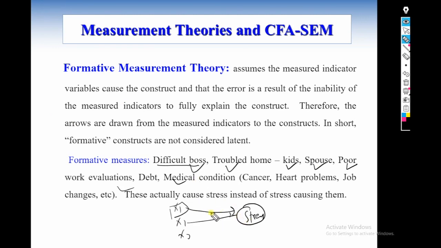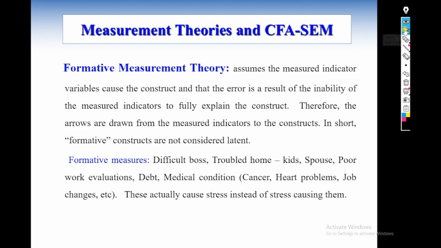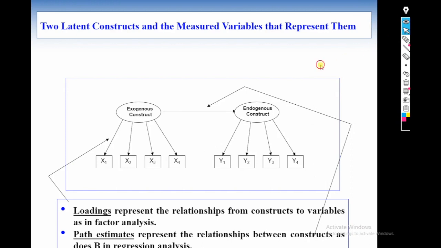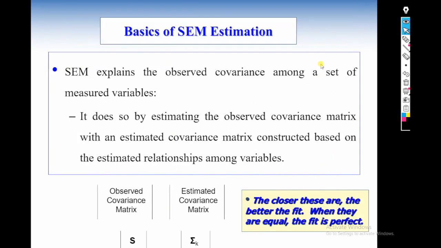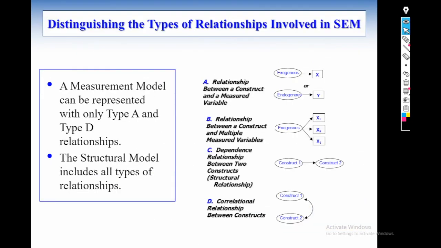One is formative, which means these independent variables form the latent variable, while in reflective, the variables indicate that they are affected by the latent variable. The exogenous and endogenous construct. Thank you very much. I will explain in the next session.